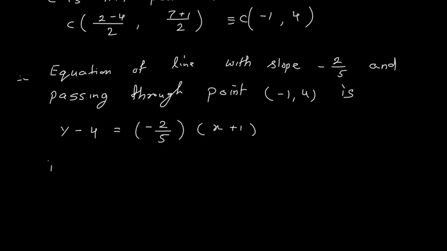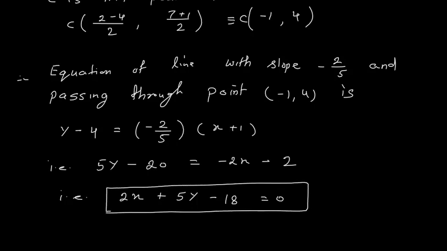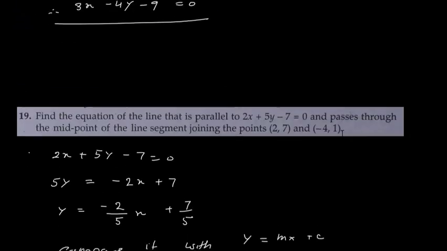So that is, you have 5y minus 20 equals minus 2x minus 2. So here I will say that 2x plus 5y minus 18 equals 0. 2x plus 5y minus 18 equals 0. This is our required equation. Then this is question number 19.